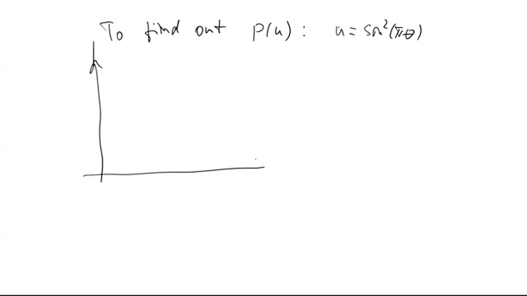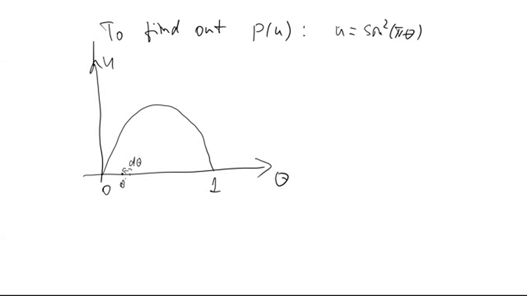So this is theta, this is U. This is sine squared, it's a positive function, it is 0 at 0 and 0 at 1. And again, the maximum is 1. So it looks very much like the logistic map itself. Now, this is theta, and this is d theta, a segment of size d theta.